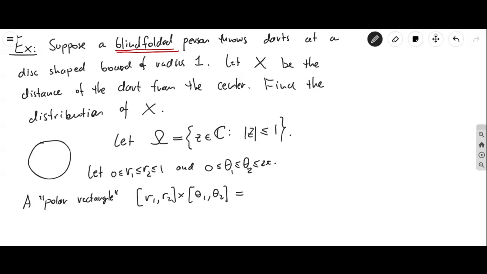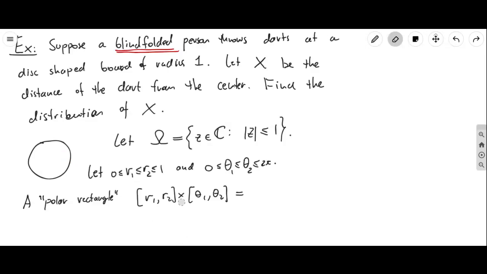I am slightly abusing notation because usually an interval cross another interval is supposed to be a rectangle. It's supposed to be like a Cartesian rectangle. The problem is that it could happen that you start at a point that is inside the disk, but when you form the Cartesian rectangle, it spills out outside the disk. So it's not convenient to use Cartesian rectangles.